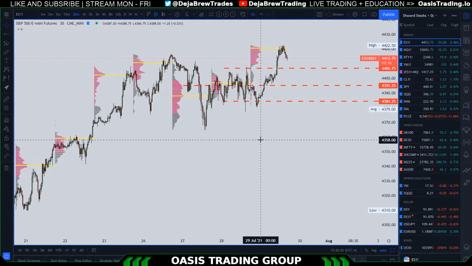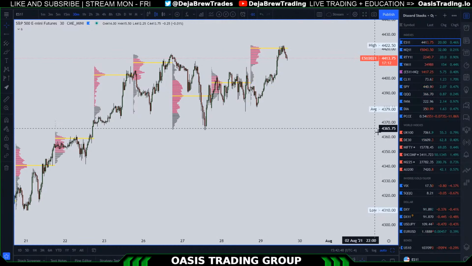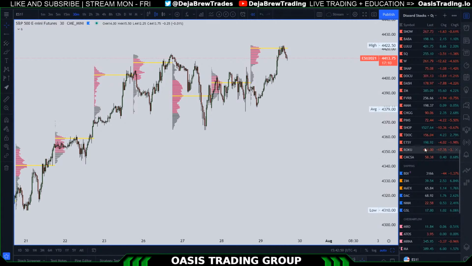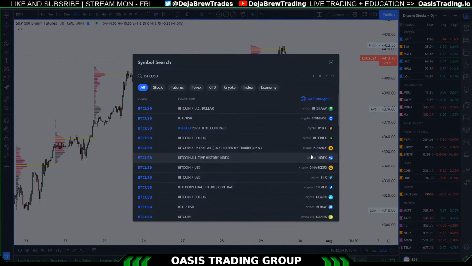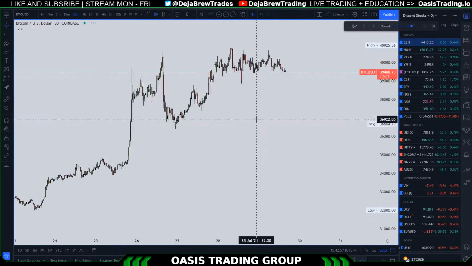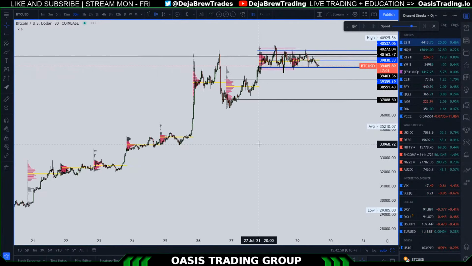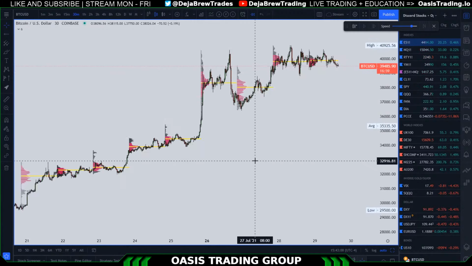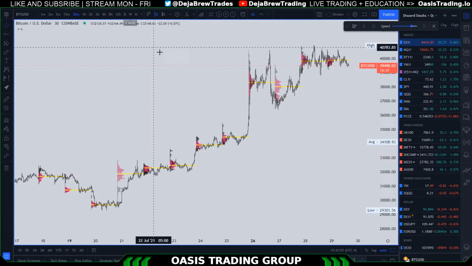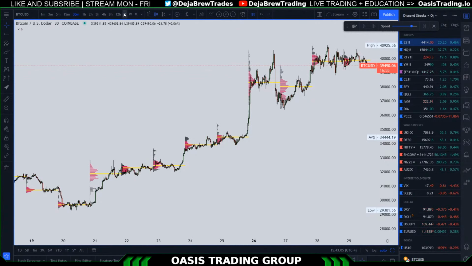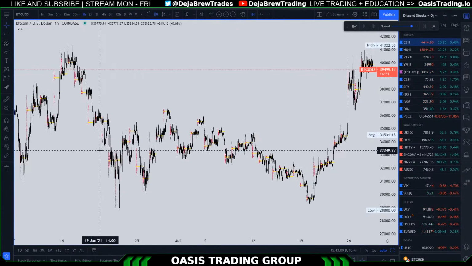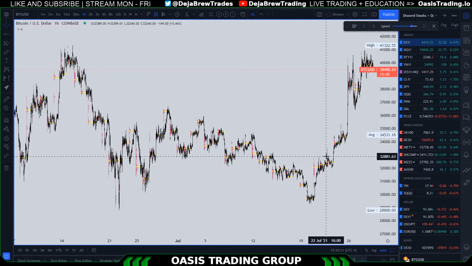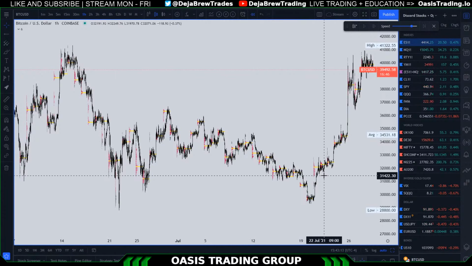And I don't want to talk about Bitcoin just yet, but I want to use this as an example because that's a very good technique. Let me pull up Bitcoin really fast, and then we'll come back. So a great example of that is, let me delete all this. You see how Bitcoin is just constantly accumulating, it's ranging for so many days.